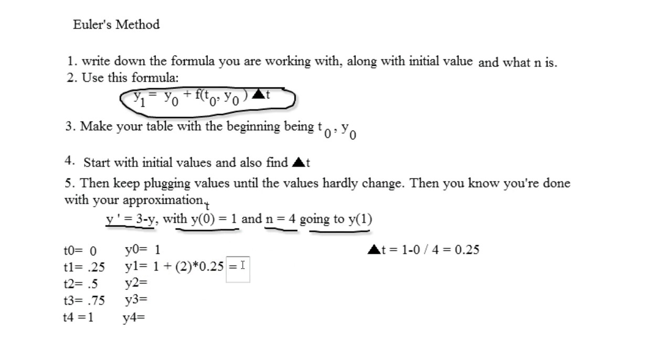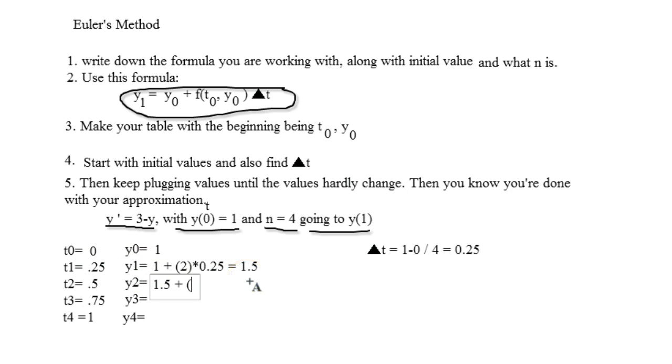Okay? Alright, and what do I get? I get 1.5. Okay, because this turns into half, and half plus 1 is 1.5. Okay, now for the next value, I'm going to plug in that 1.5 in the beginning. Okay, and then I'm going to plug in the values of these two in here.